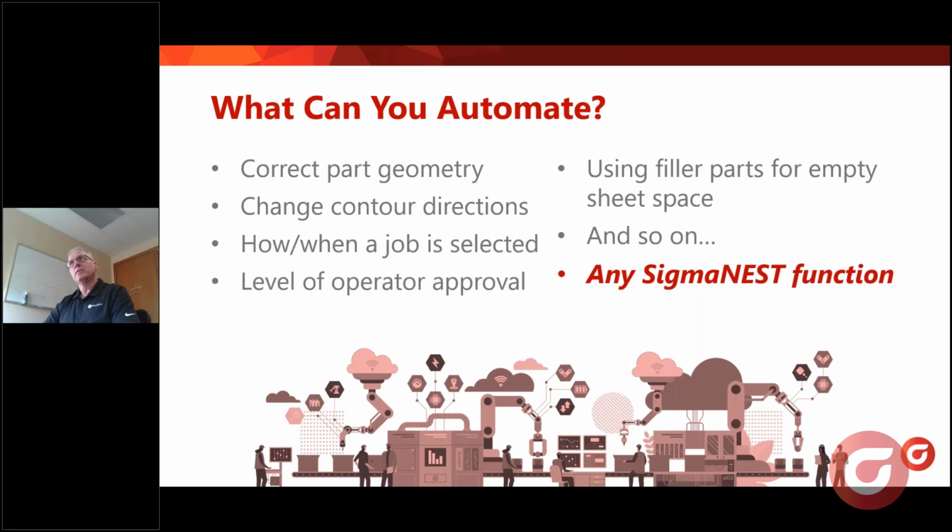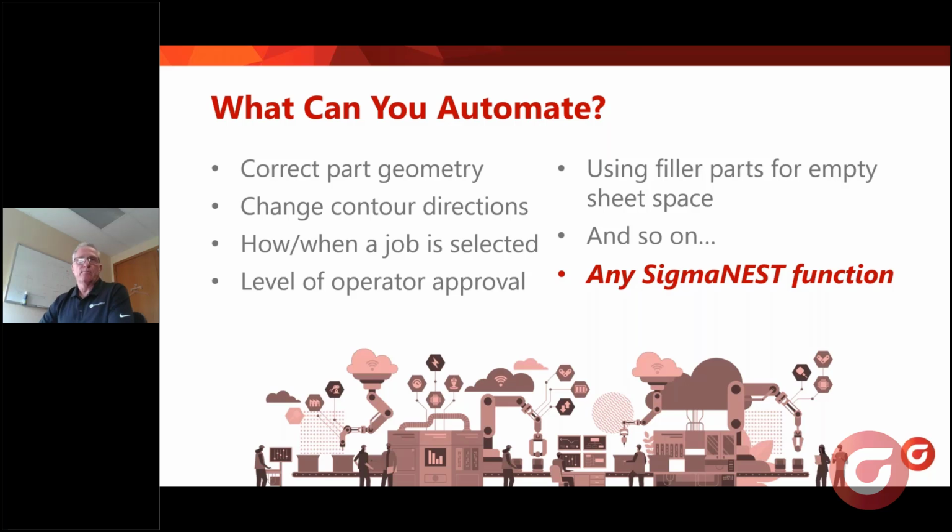Filler parts is another one. Filler parts could be a situation where filler parts are always presented to the Machine Console, where if there's additional material at the tail end of the run, those filler parts are automatically interjected to fill out the last sheet, so that instead of having remnant management at all, you have no remnants to deal with.